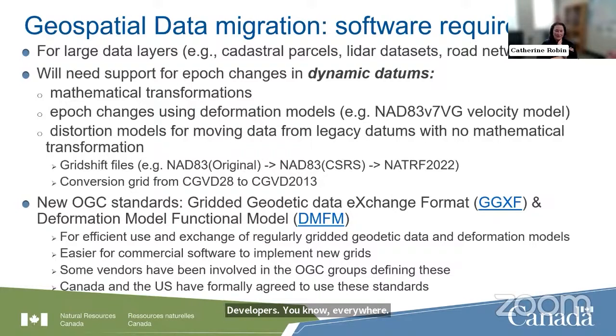So it would be easier for commercial software to implement new grids if these new grids are all coming at them in the same format. Some of the vendors, Esri in particular, have been involved in the definition of these standards through the OGC, the Open Geospatial Consortium groups. And importantly, Canada and the US have formally agreed to use these new standards for the release of new products, which will provide an impetus to the uptake of those new standards.